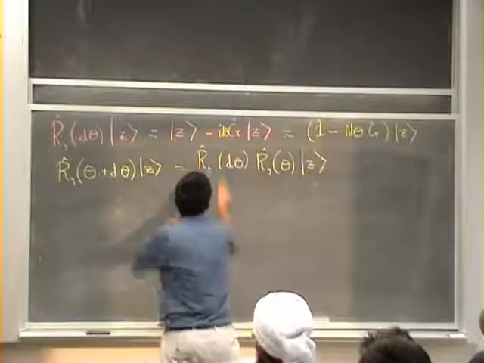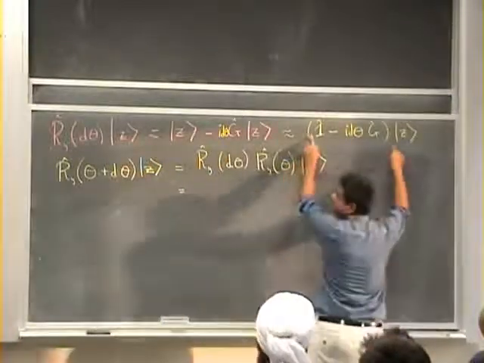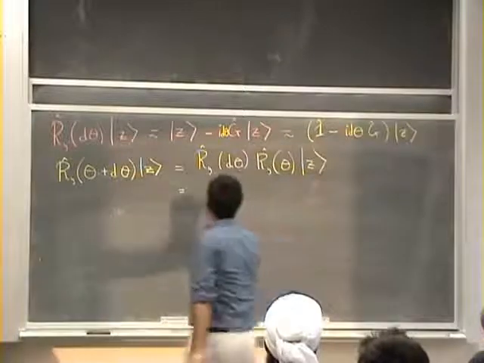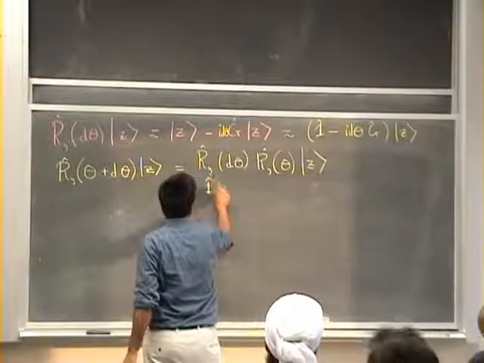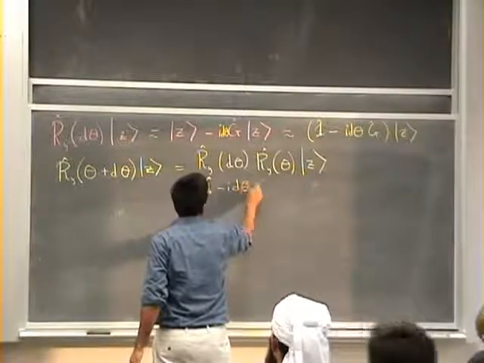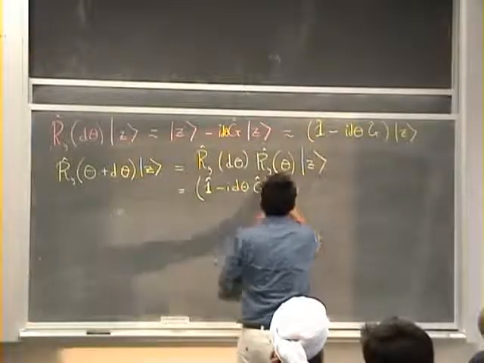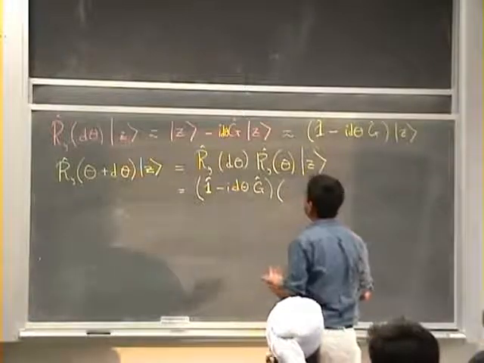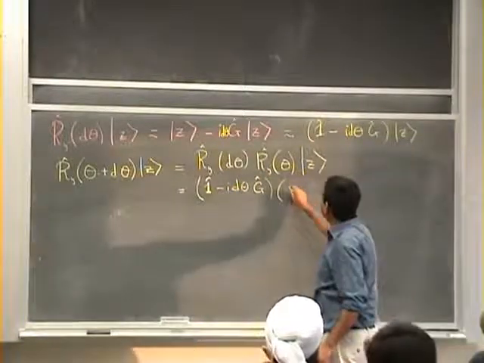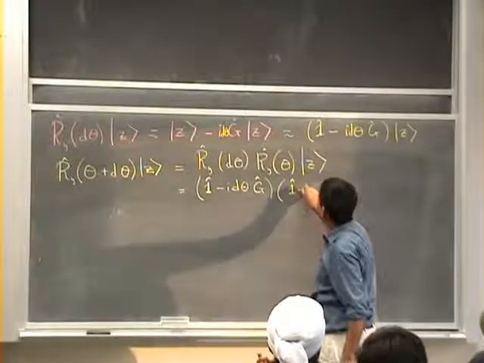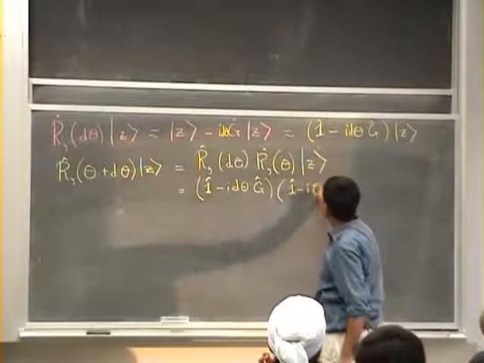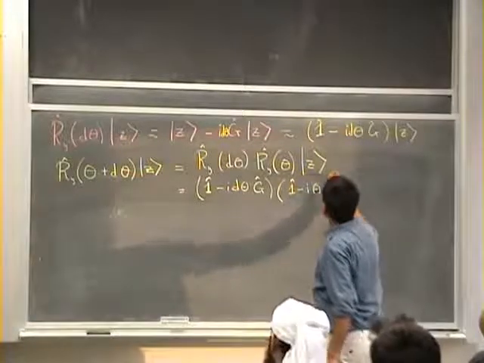So, but my R_y(d theta) is given by this. My R_y(d theta) is given by identity minus iota d theta G, and this is given by, likewise, what would this be given by? Identity minus iota theta G, acting on z.